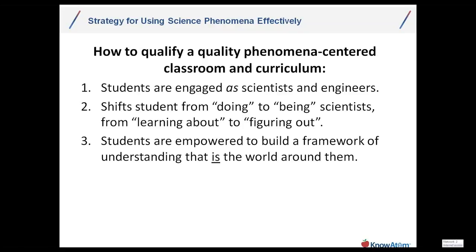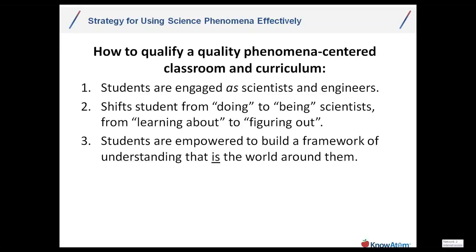Things like shaving cream clouds are not real world. Skittles, representations of different things are not real world. The cell cake is not real world. All these things are often part of traditional curriculum, and you can find them out there, just Google, go on Pinterest.